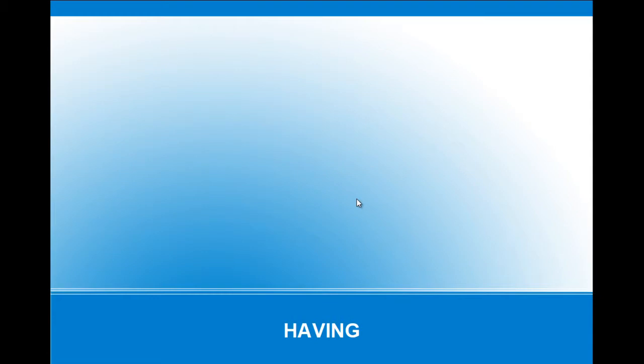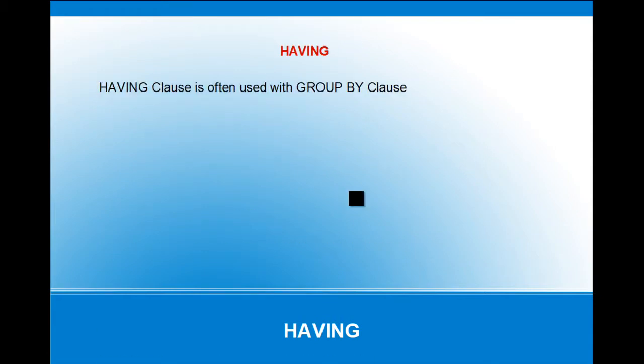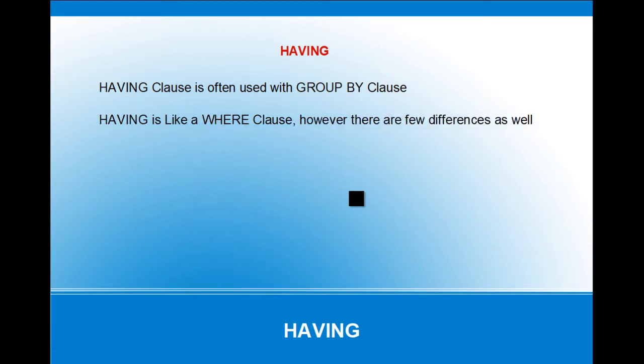Moving on to the having clause. So having clause is more often used with the group by clause. And having is like a where clause which filters rows after grouping. So it's more like a where clause, but there are certain differences between them.